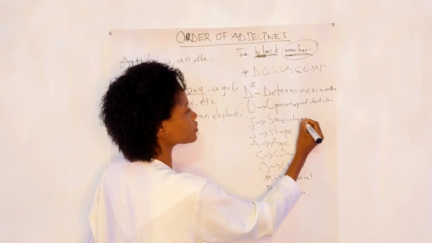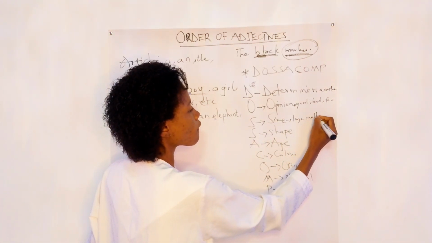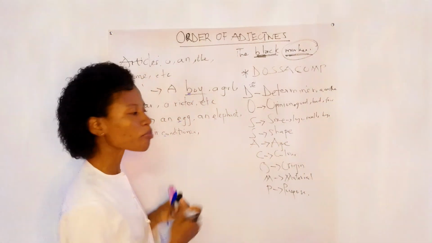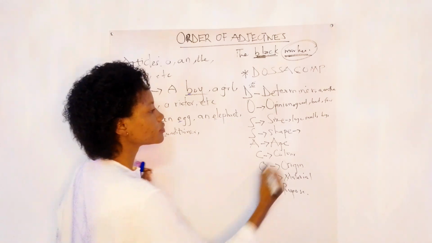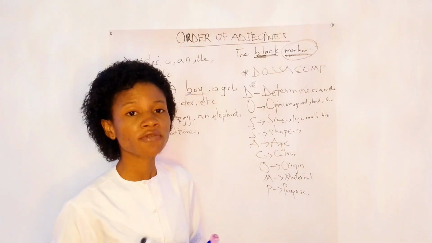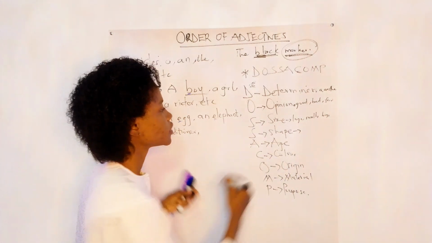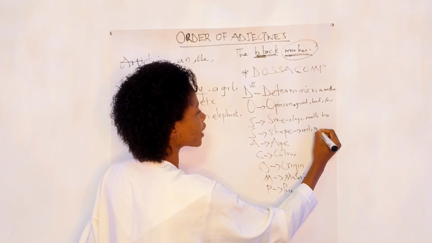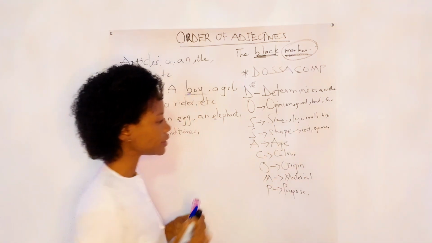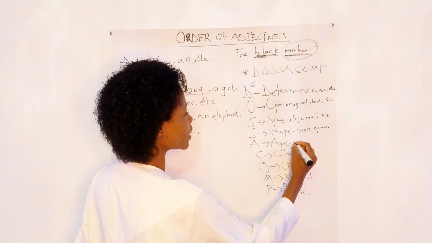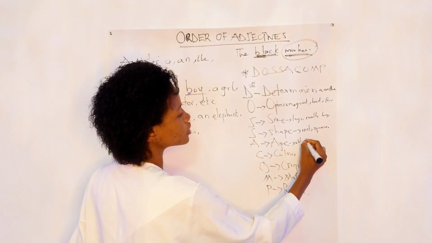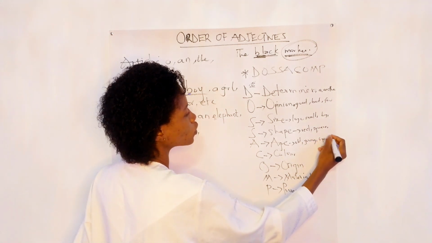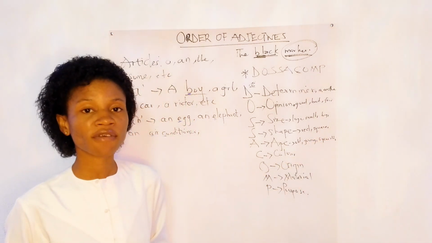Size: large, small, big, etc. Examples of shape: you can even ask them to give you some of the examples. You have rectangular, square, etc. Age: we have old, young, 6-year-old, etc.